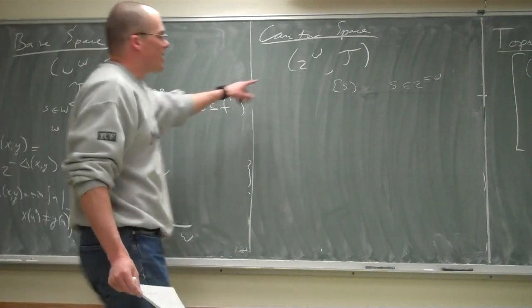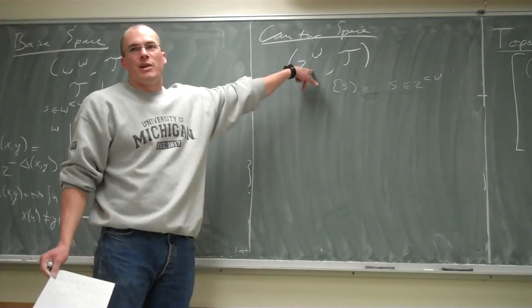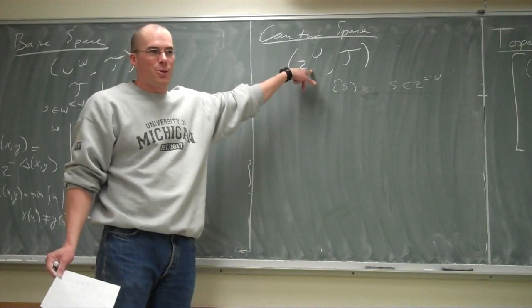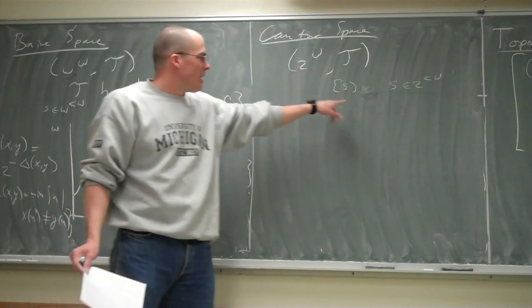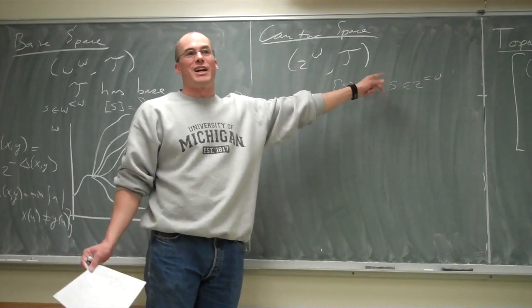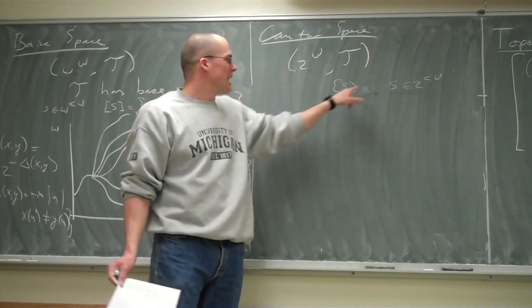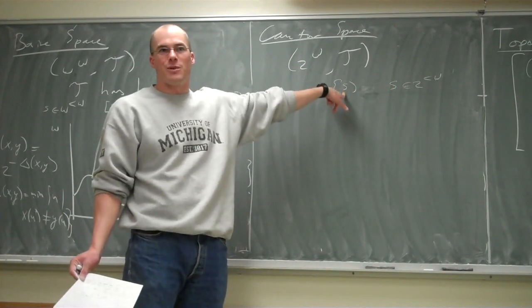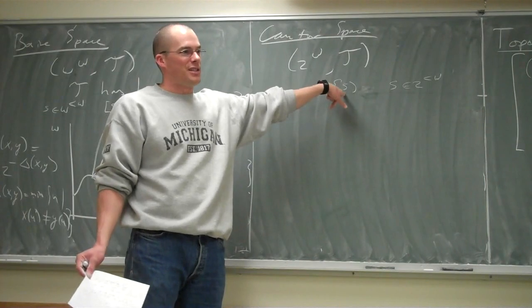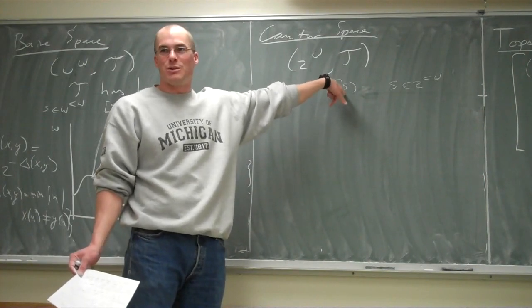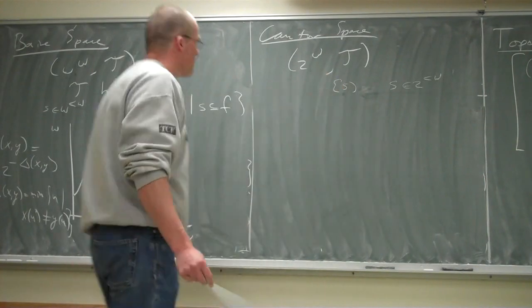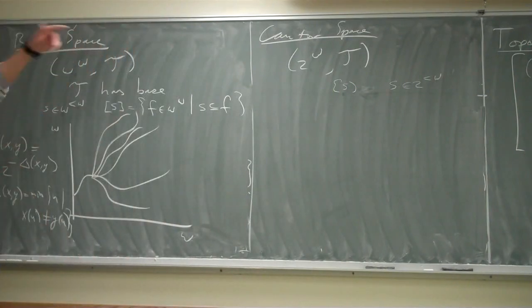So 2 to the omega are the infinite sequences of zeros and ones. 2 to the less than omega are the finite sequences of zeros and ones. And again, the basic open sets are the ones where all functions extending a given finite sequence of zeros and ones. Metric space by the same topology.